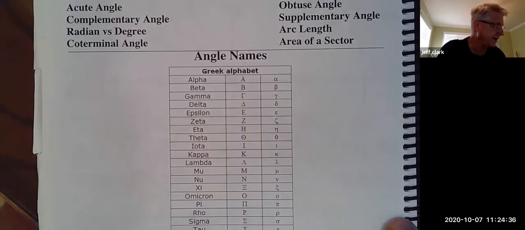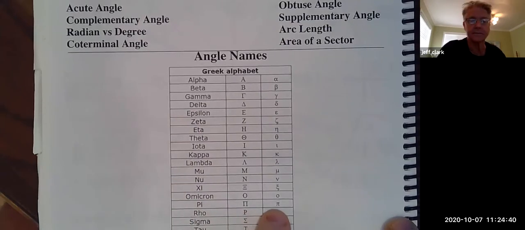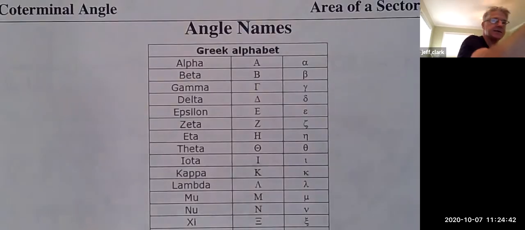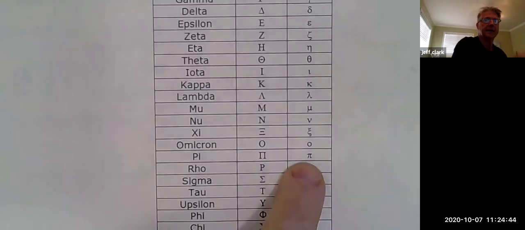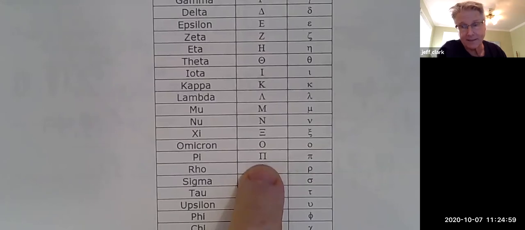If you go all the way down to right here, I'll zoom in so you can see what I'm doing. Yep, that's pi. That's the one you're commonly seeing for the number, but that is a letter of the alphabet. Uppercase pi is a symbol used in calculus courses to mean something as well.